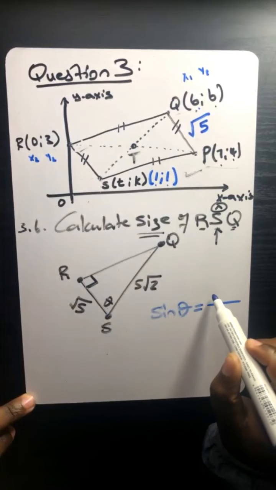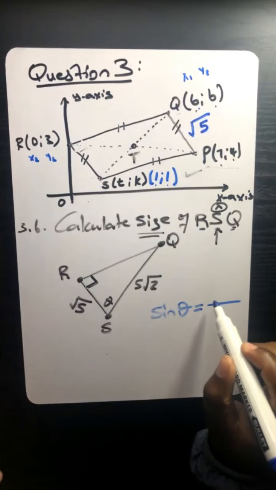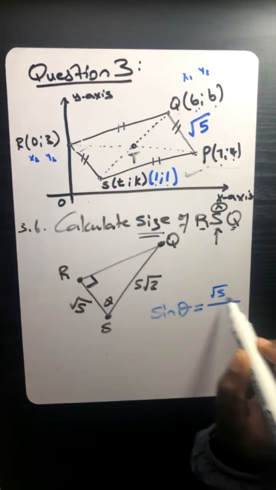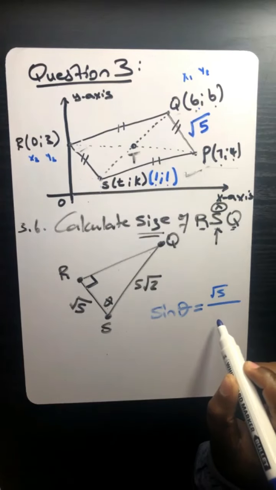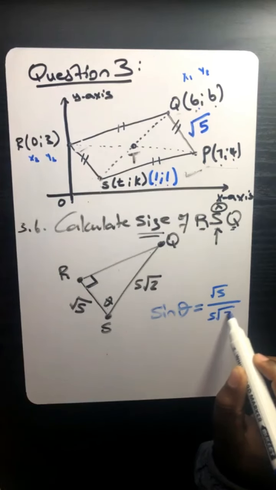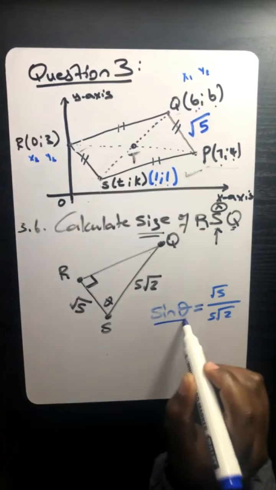Tell me what to write, Shreyas. So on the top side you can have root 5, and at the bottom 5 root 2. But before we even get to that one, what is the trig ratio for sine?